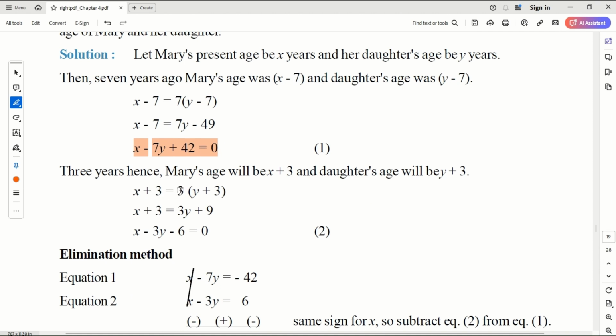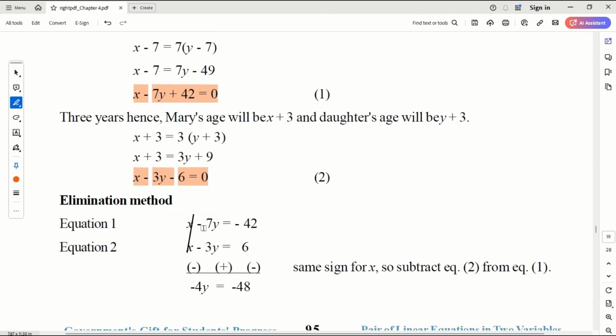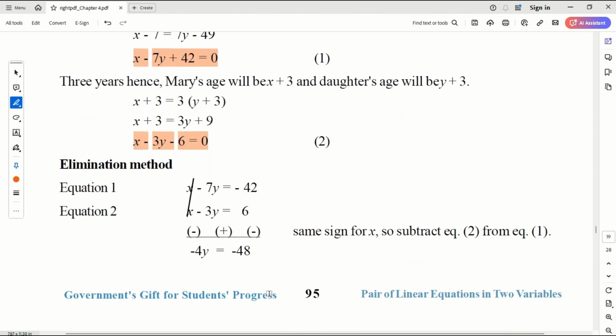So x plus 3 equal to 3 times y plus 3. So your second equation is x minus 3y minus 6 equal to 0. So these are the two equations. Here you use the elimination method because x and x are the same, so you just subtract them. What you will get is y equal to 12.